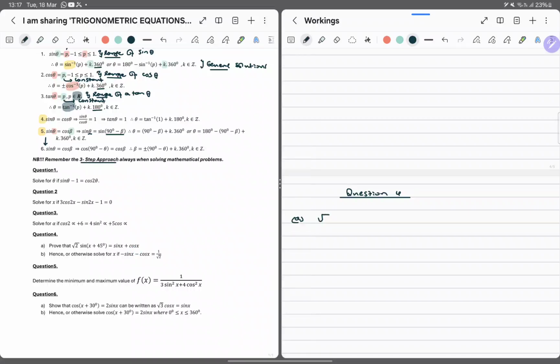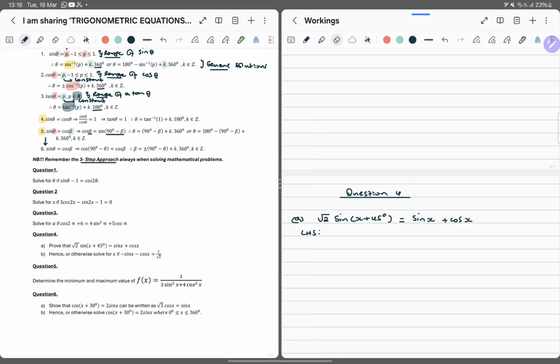So we need to say, okay, square root 2 sine of x plus 45 degrees is equal to sine x plus cos x. Okay, so basically we just need to prove that the left hand side is equal to the right hand side. Okay, so we can do this. This is more like an identity.